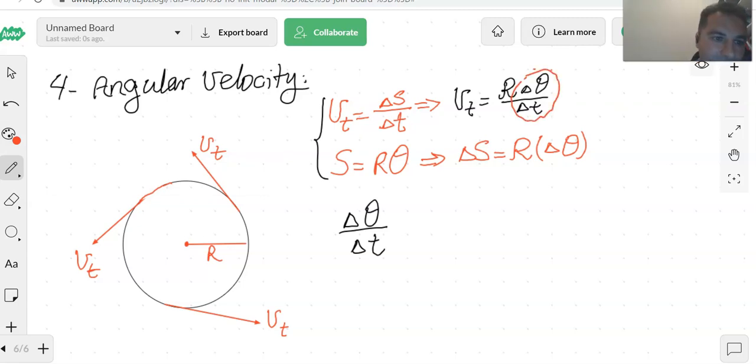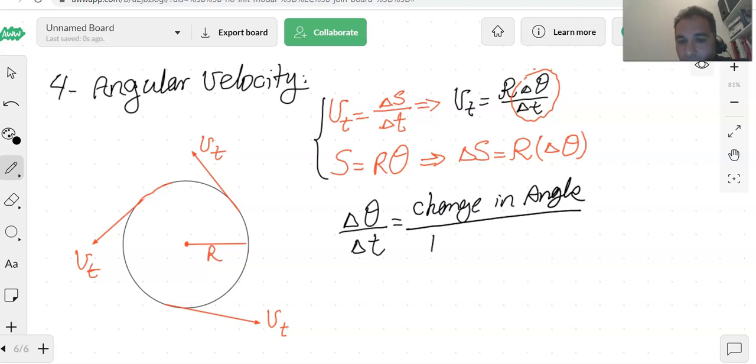It is change in angle, correct, divided by time interval. What is angle? It's radian. What is time interval? It's second.